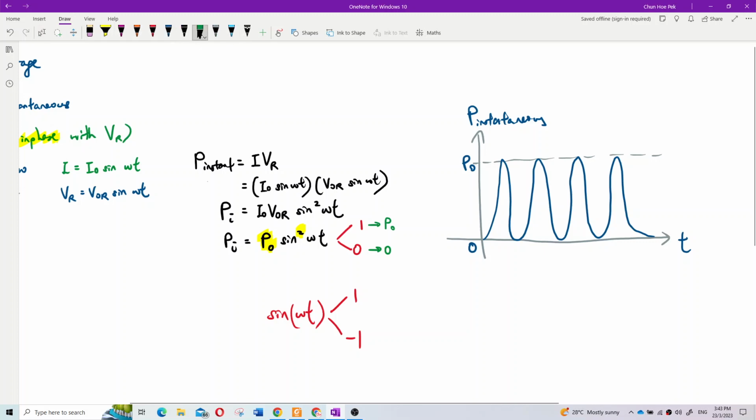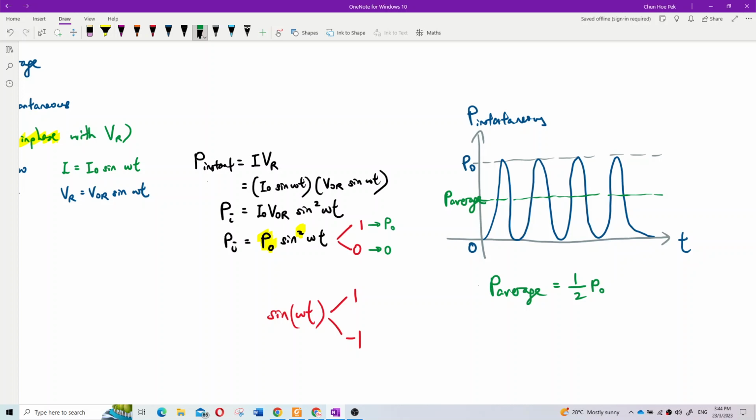That's the average power. So what's the average power? Average power is half P naught. In fact, this is half P naught, class.